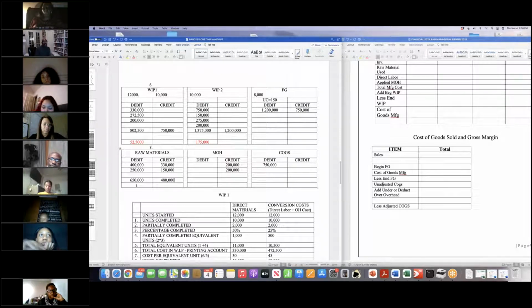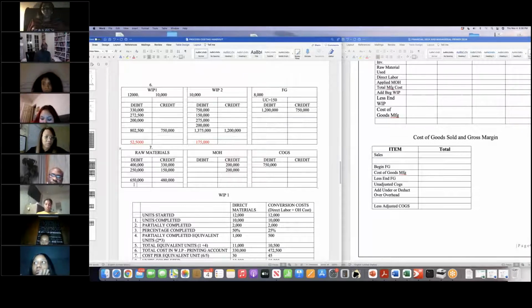So that's going to leave in the account 170. And in the finished goods account, it's going to leave 450,000 on the debit side. Okay.